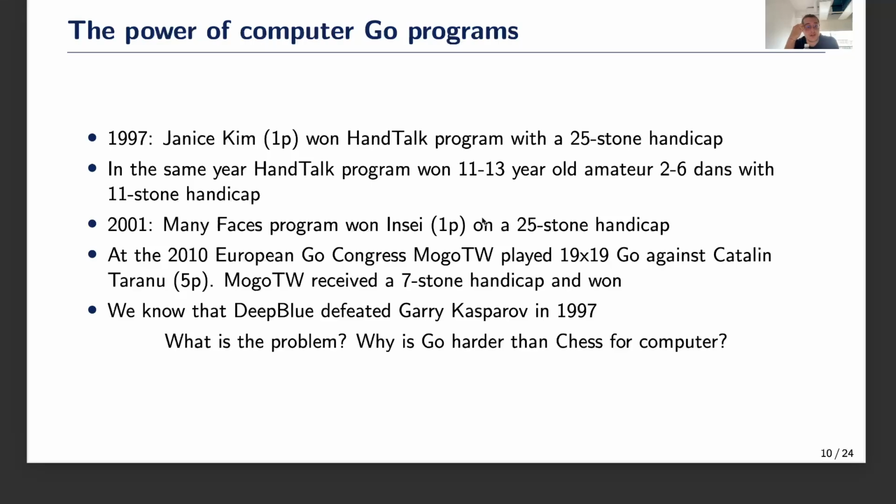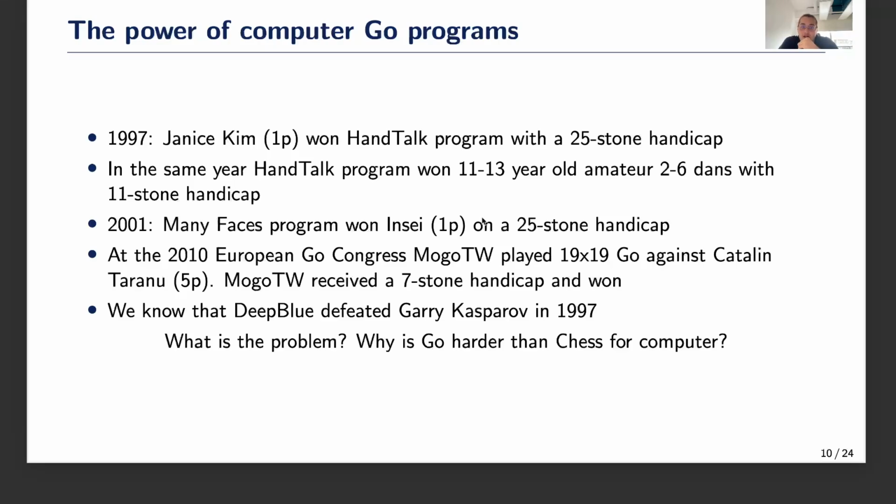In 1997, Janice Kim, a professional Go player with the first Dan Pro, played against the program Handtalk and won, even with a 25 stone handicap. That's an enormous advantage, basically giving the AI a huge head start, and yet she still won.